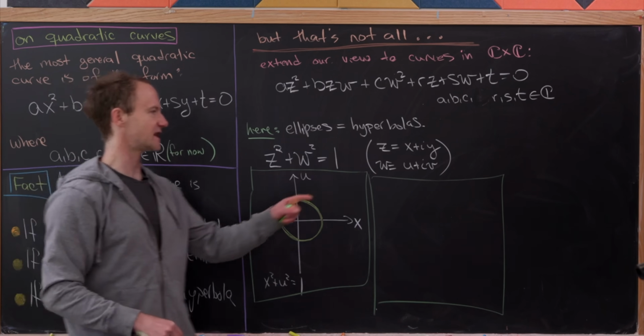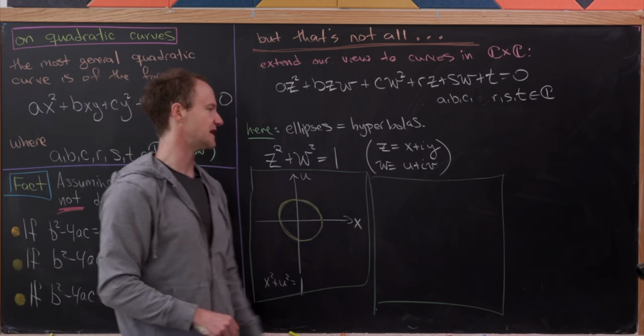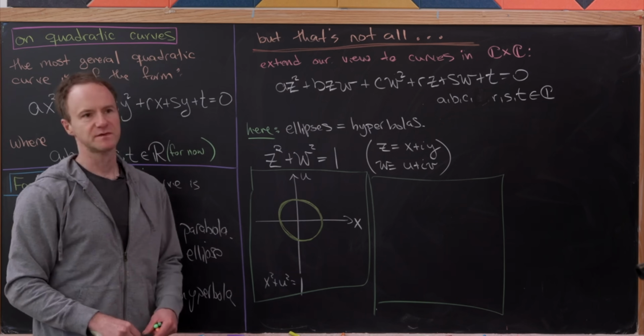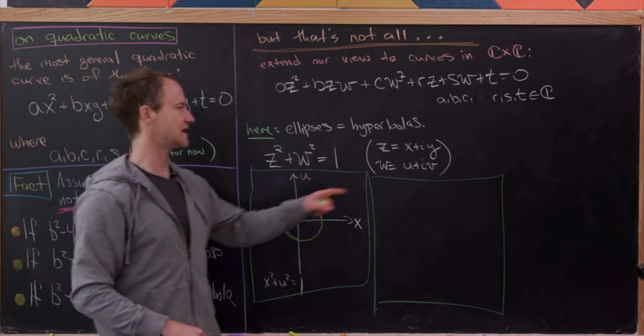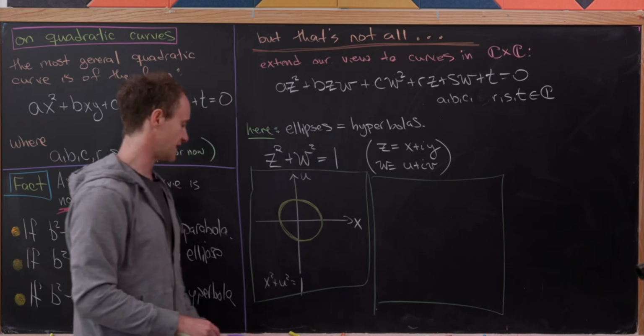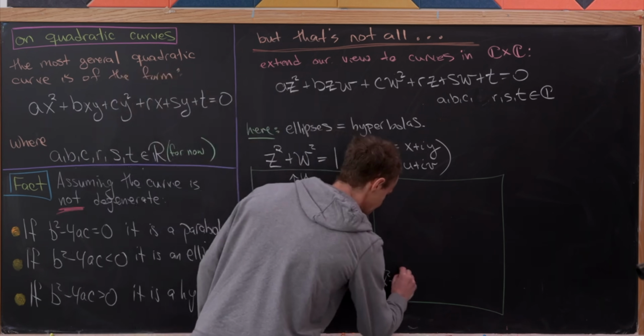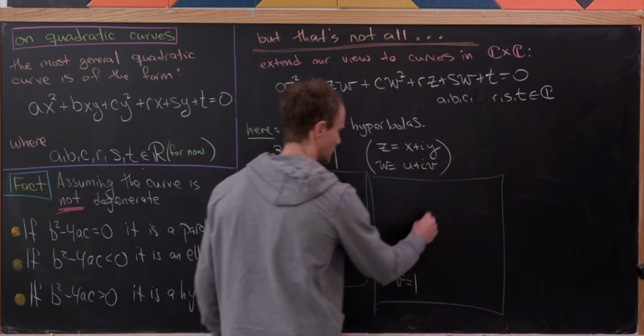But now let's do another slice of this. Let's do the slice where we take the real part of z and the imaginary part of w. In other words, we're slicing when y is equal to 0 and u is equal to 0. That's going to give us x squared minus v squared equals 1.